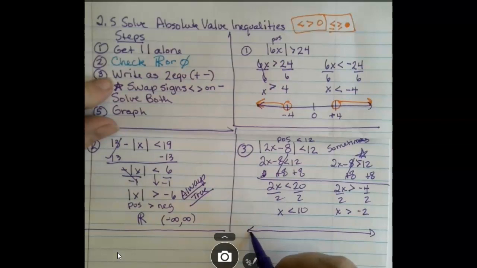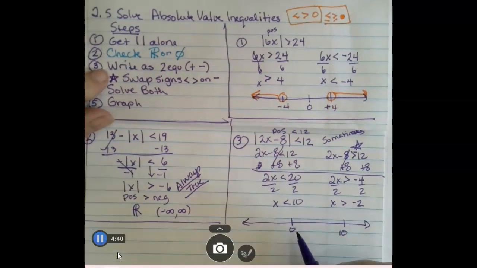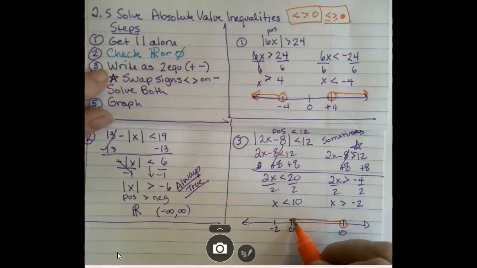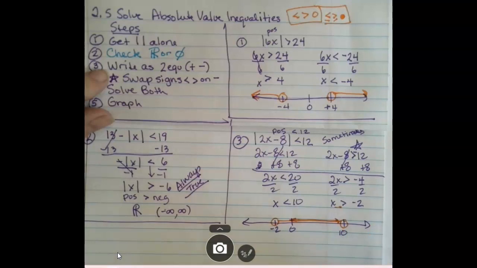Graph. Here's 10, here's 0, here's negative 2. I don't have to put in every little thing here, but 10 is a lot farther than 2, so I made that kind of look right. Now on this one it says at the 10 it goes this way, and from the negative 2 it goes this way, and I know it's not all real numbers because I checked it already.